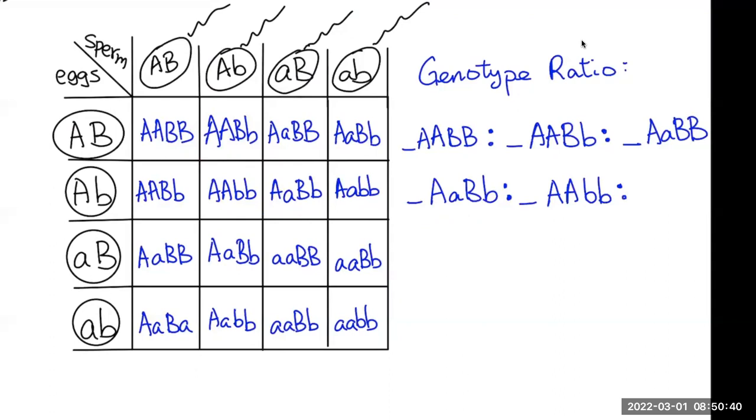However, we do not have this one. So let's do that one as well. Big A, little b. And then we have this one already. Yes, we also have this one in our ratio already. We haven't got this one, so little a, little a.